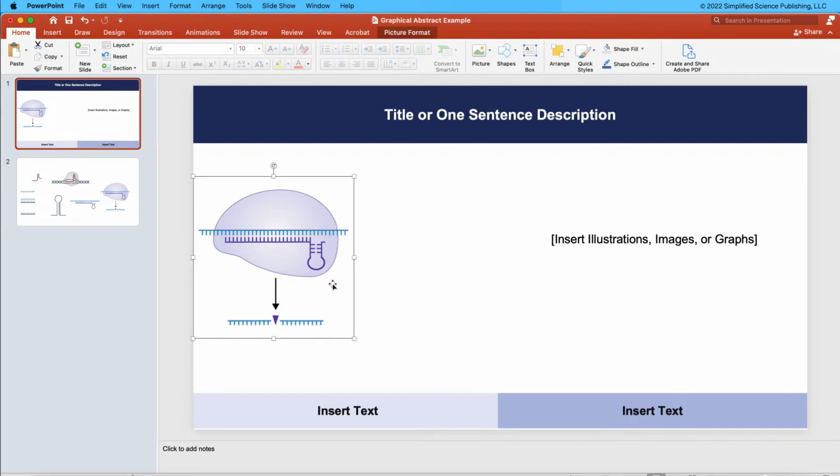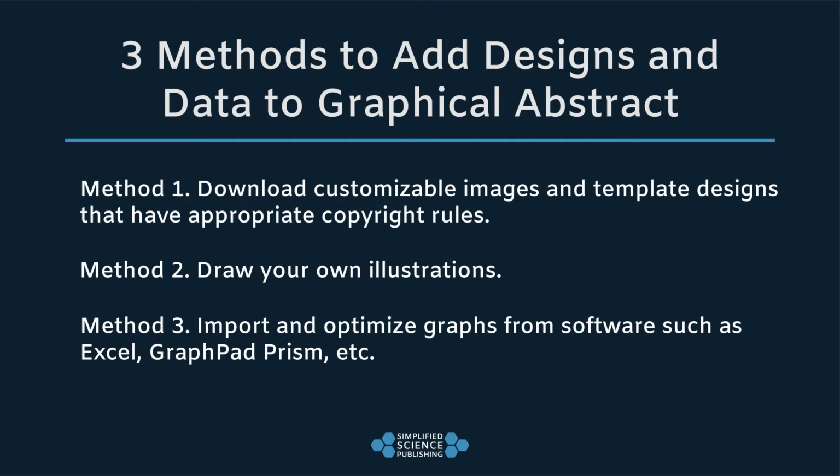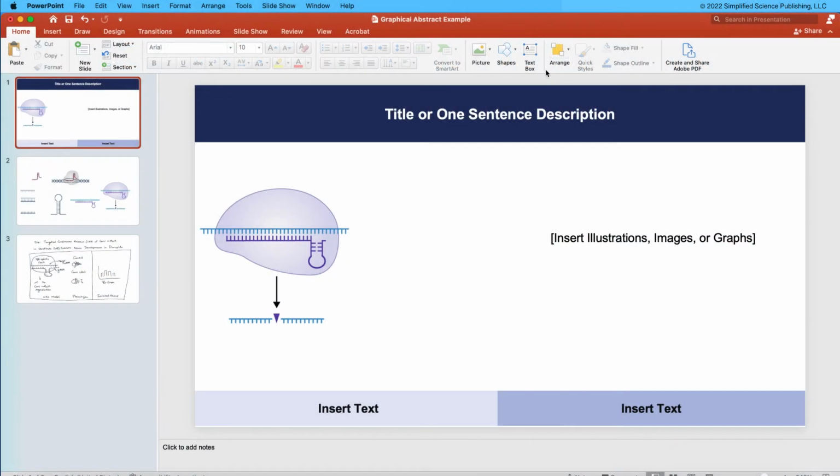But I'm also going to show you today that this image is great and does the job, but you can also use the shapes in PowerPoint itself to draw those illustrations. So method 1 is to download the illustrations, and method 2 is to draw your own designs using the PowerPoint text, shape, and icon tools. And your version of PowerPoint may not look exactly like mine, but you will be able to find the exact same tools if you have version 2019 or above.